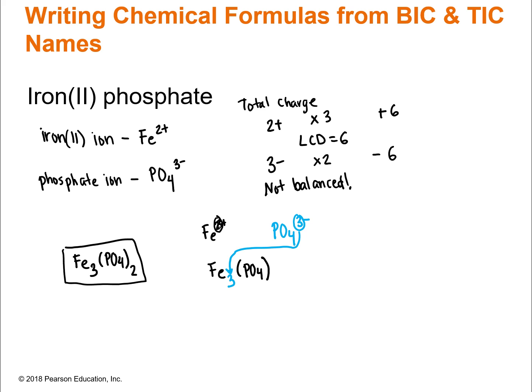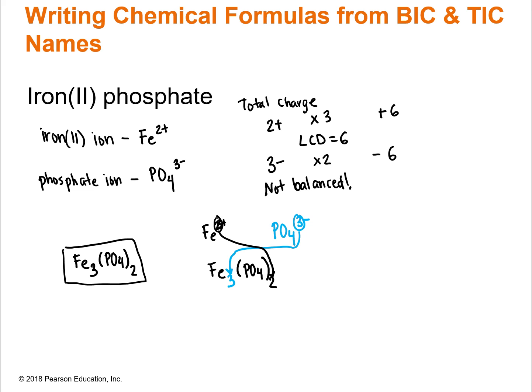Oops, that should be a 2. So you should have Fe3, and then in parentheses, PO4 with a 2 after it. That is how you would write the chemical formula.